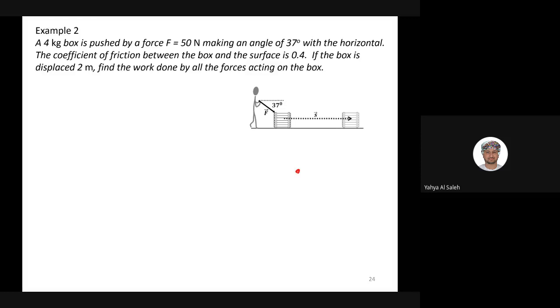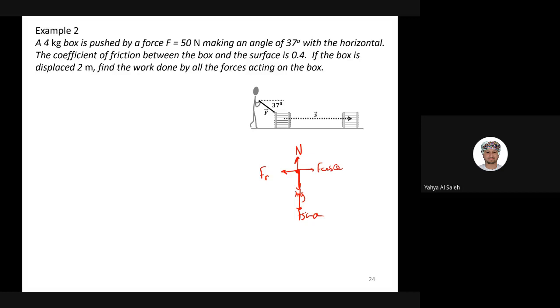Can you tell me what forces are on it? Gravitational force, normal force, friction force, applied force. That's it?